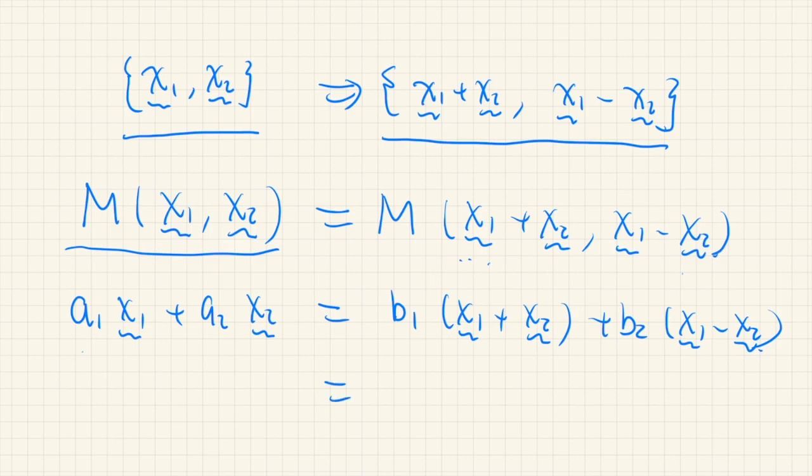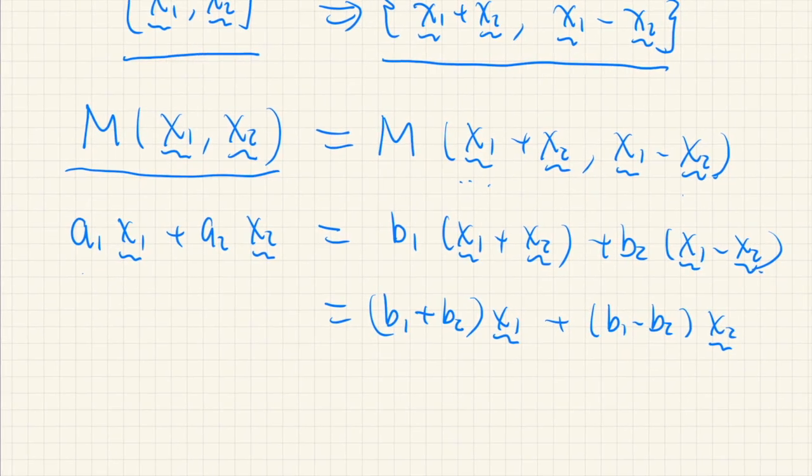Okay, so let's simplify the right-hand side a little bit. By adding, we get b1 plus b2 times x1, and b1 minus b2 times x2. So from this, if we fix the values of b1 and b2, that will give unique values for a1 and a2. So that means for each element on the right-hand side, there exists a corresponding element on the left-hand side, right?